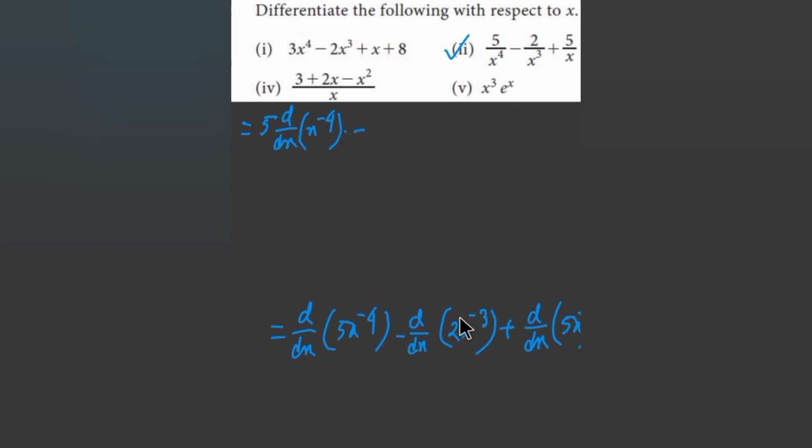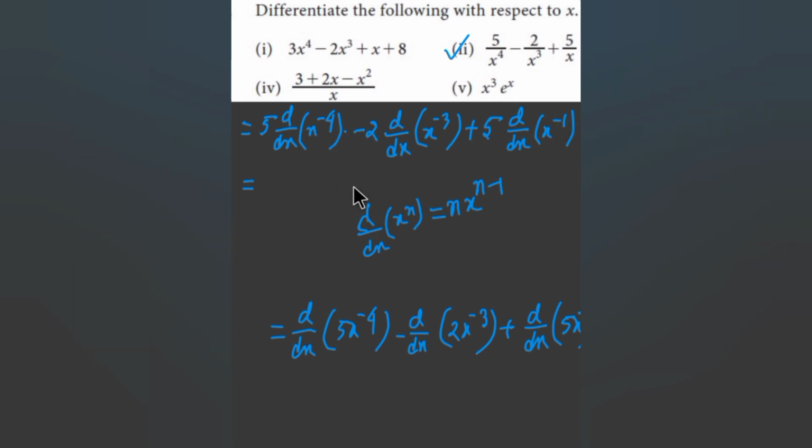Minus, here 2 is a number, so it will be considered a constant, so 2 d/dx comes first and x to the power minus 3 remains. Plus, 5 is also a number, so 5 d/dx and x to the power minus 1 remains. Earlier we have known the first rule of differentiation, d/dx of x to the power n equal to n into x to the power n minus 1, so we can see x to the power n in each.